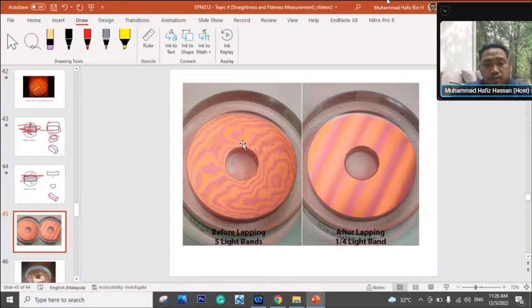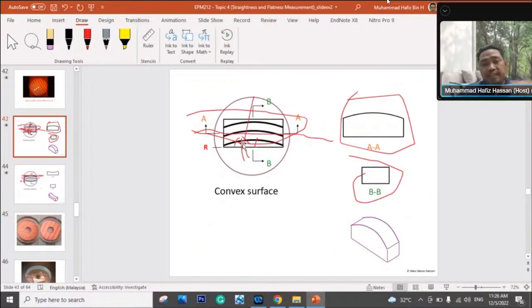In order to improve the surface, we have to do lapping and then finishing. If the surface is very inclined like this, we will have to sand it first, the sanding process, and once it is flat to the naked eye, we can see it is flat enough.